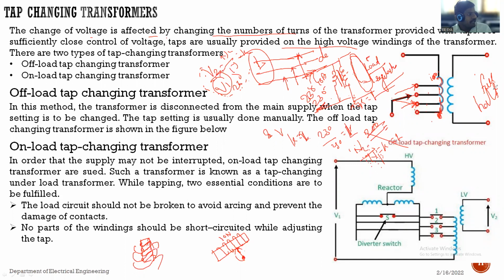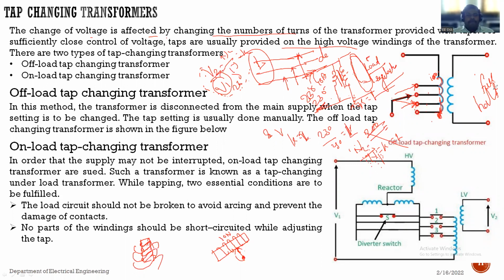LV winding पासून आपण टॅपिंगचे टर्मिनल बाहेर काढू शकत नाहीये. So that generally the tap can be provided on HV winding. Okay, and we are changing that tap as per our desired voltage requirement. आपल्या desired voltage requirement वरून आपण काय करतो? ते tap change करतो. Okay, see, this tap changing can be done by two ways.